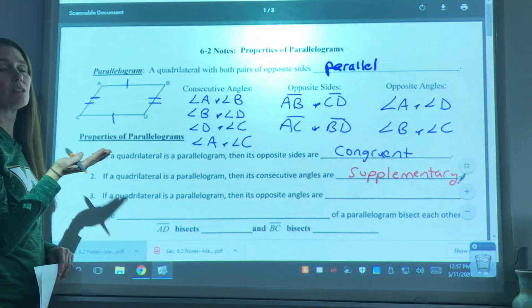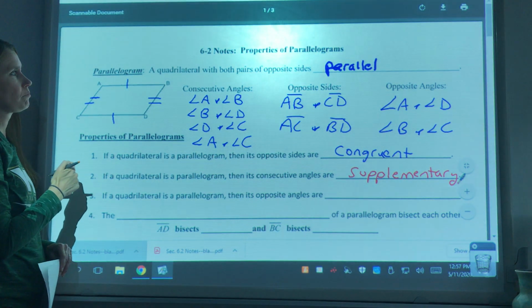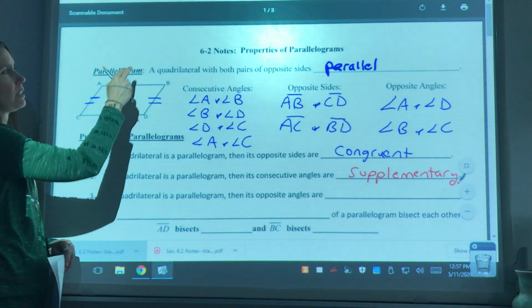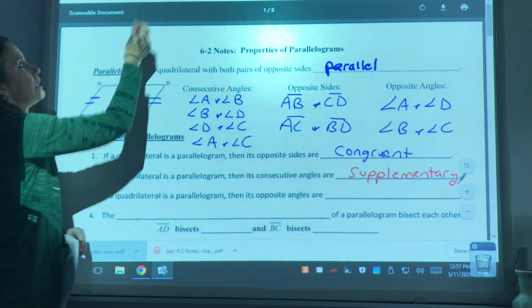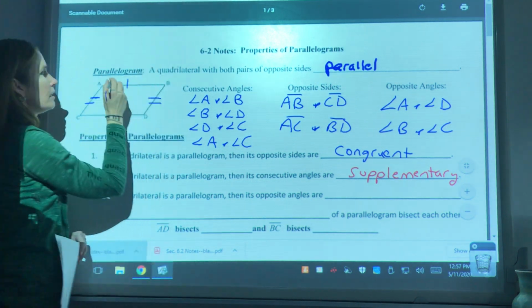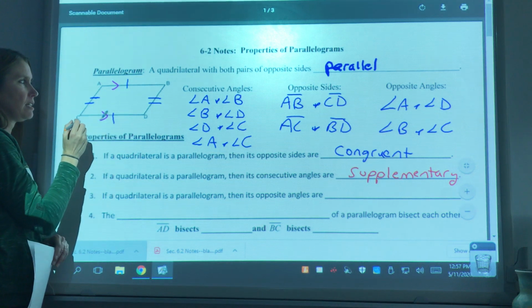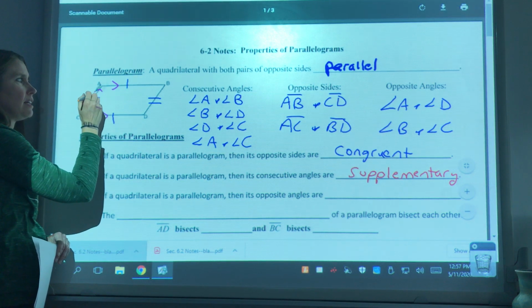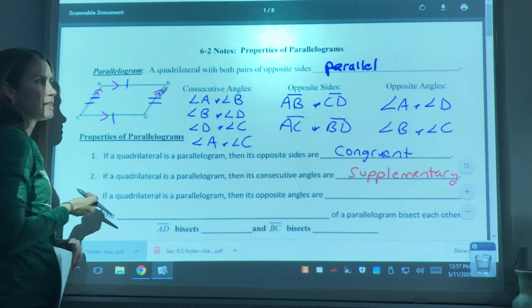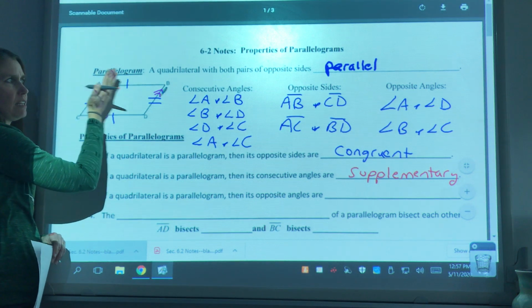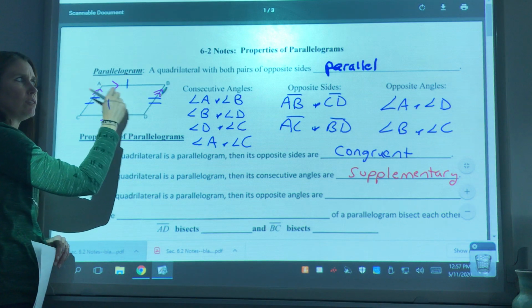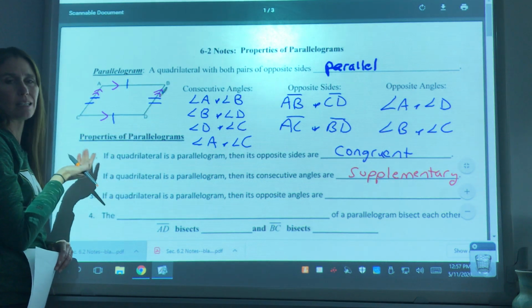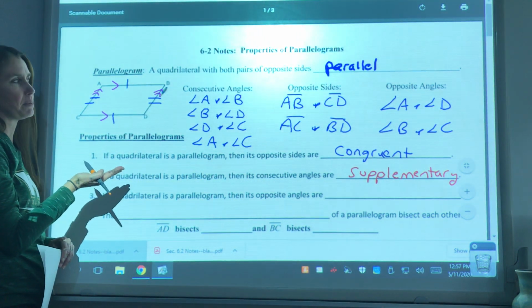Again, the reason that works goes back to chapter 3, because if we know that it's a parallelogram and both sets of opposite sides are parallel, meaning like this side is parallel to this side with the arrows, and this side is parallel to this side, then if these two sides are parallel and this is the transversal, these two angles would be same side interior angles, which means they must be supplementary.